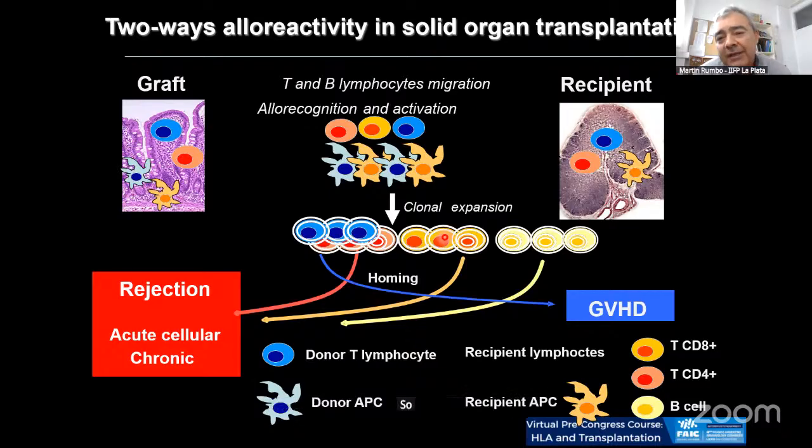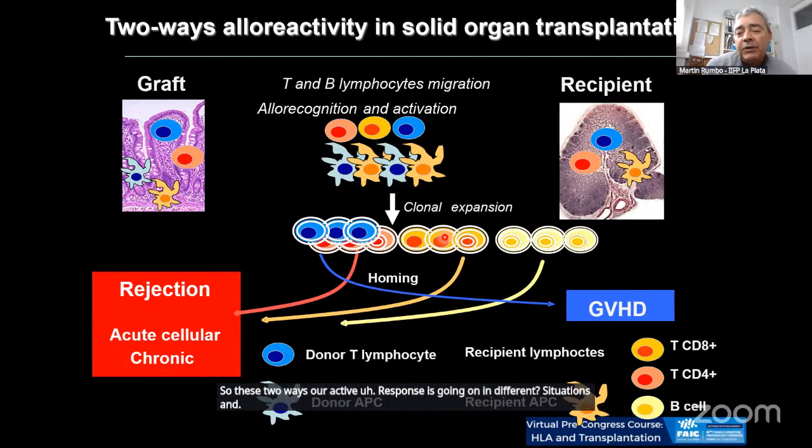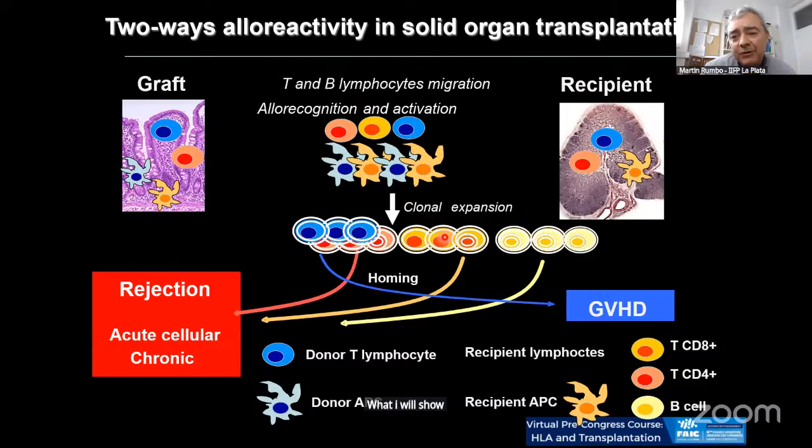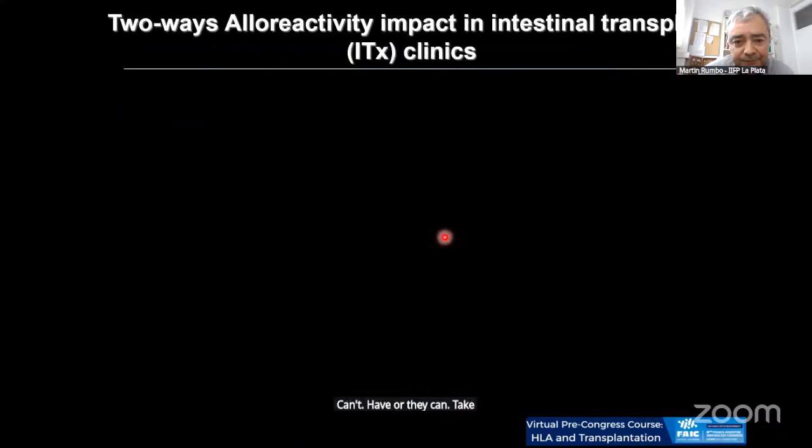So this two-way alloreactive response is going on in different situations, and what I will show today is some examples on just visceral organ transplantation, mainly intestine and multivisceral, in which these situations can take place both at the same time.